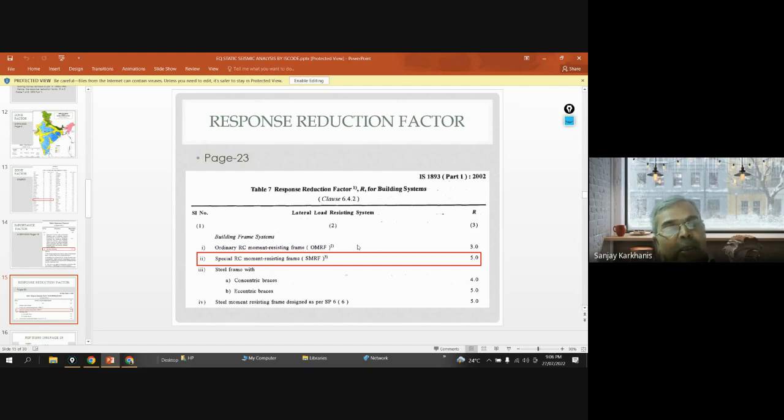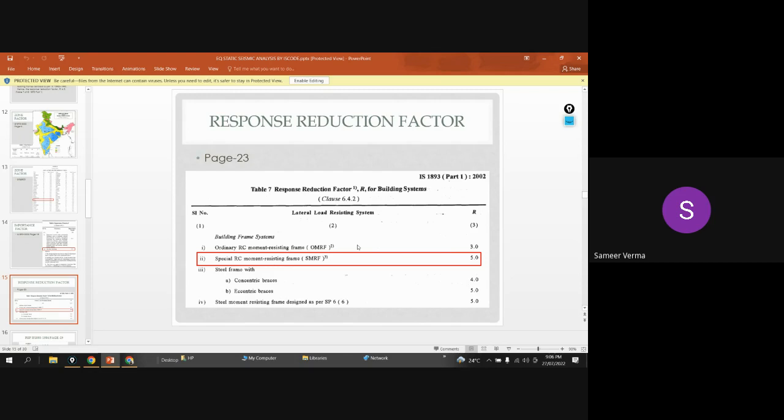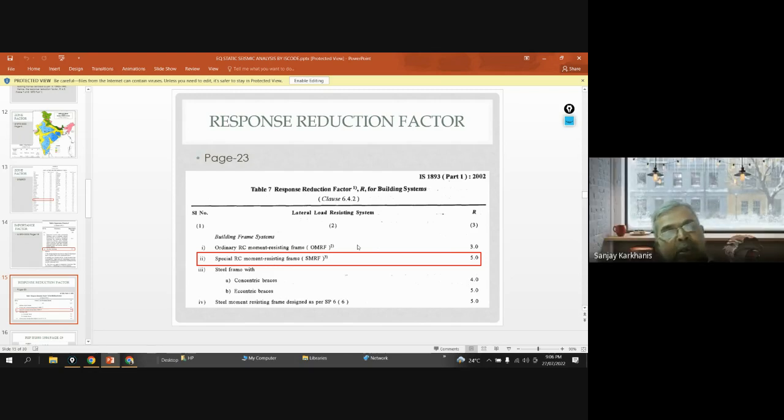They say now that the concession is not applied. That was the old concession, and now it is waived off. So whether you are going for an ordinary moment resisting frame or SMRF, the special moment resisting frame, you have to go for ductile detailing.